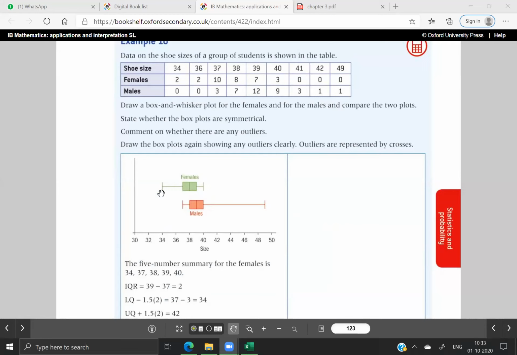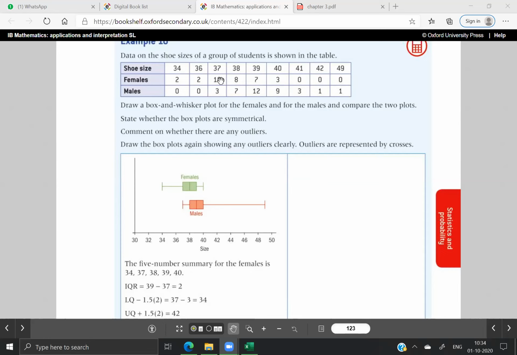With the help of those 5 values, you draw the box and whisker for the females separately and for the males separately. Here you can see 34 is the size where the females start, and the highest is 40. So this line, which I called the lower value, starts at 34 and ends at 40 for females.